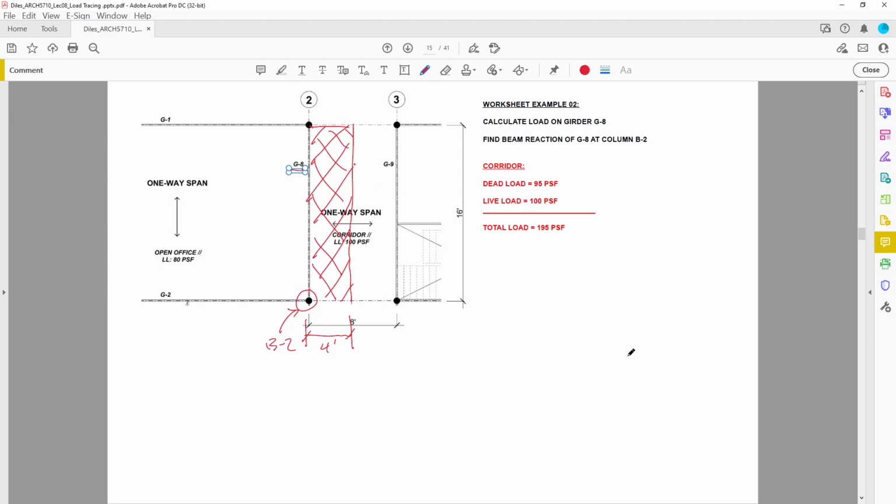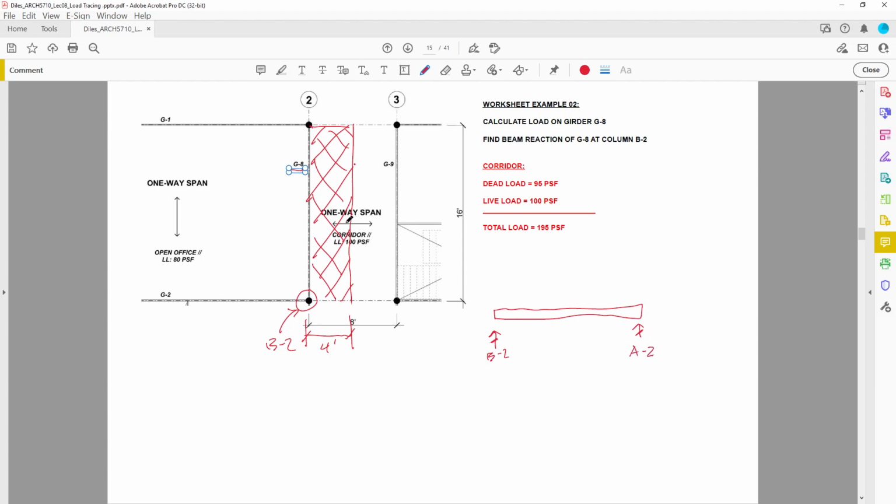All right, so let's draw a free body diagram for G8. So here is G8. It's going to be supported at this side by column B2, on this other side by column A2.